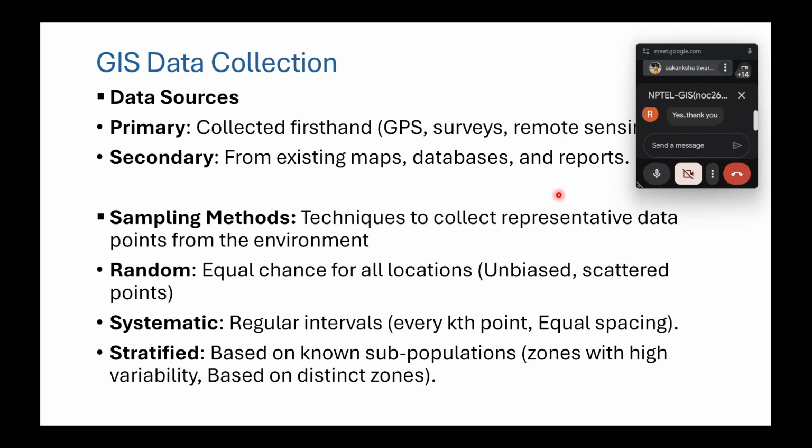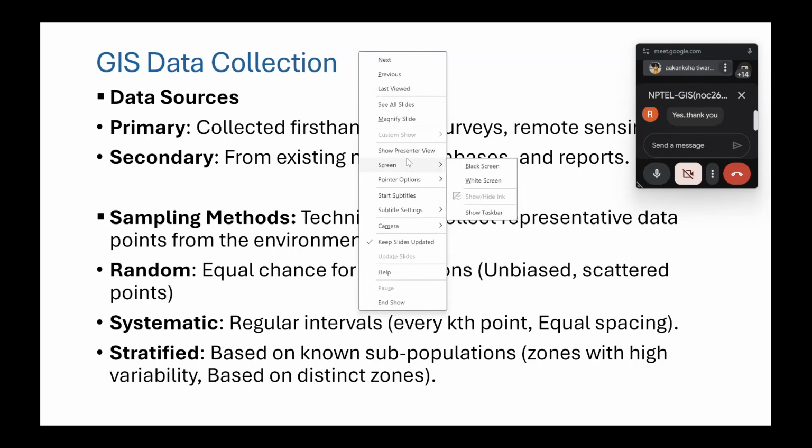Okay, so this is an unbiased method, and it is kind of scattered. Then we also have the systematic sampling method, in which at every regular interval or at equal spacing we take the samples. Okay, and then we have the stratified sampling method.